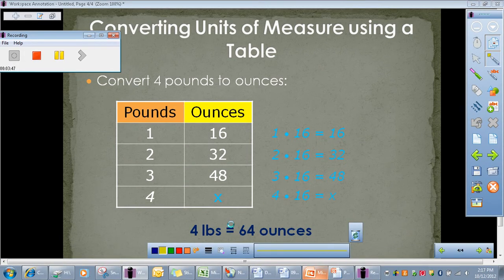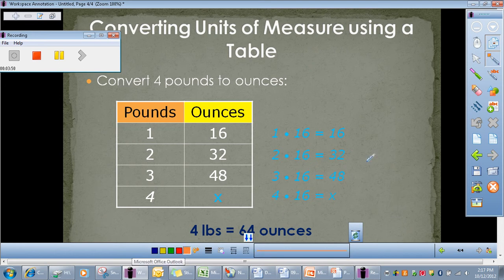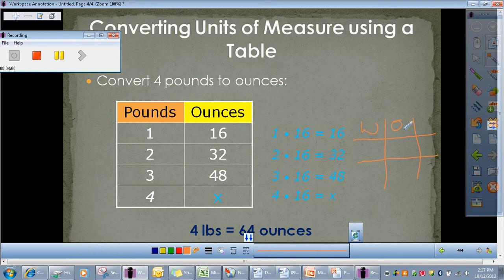Now again, you can set this up as your WAND chart. So if I have my WAND chart, I'll have my words, pounds, and pounds is abbreviated LBS, and ounces. Ounces is abbreviated OZ. Okay. My original is always going to be this first one, just like we talked about when we were looking at the multiplication chart. Okay, so I have 1 to 16.